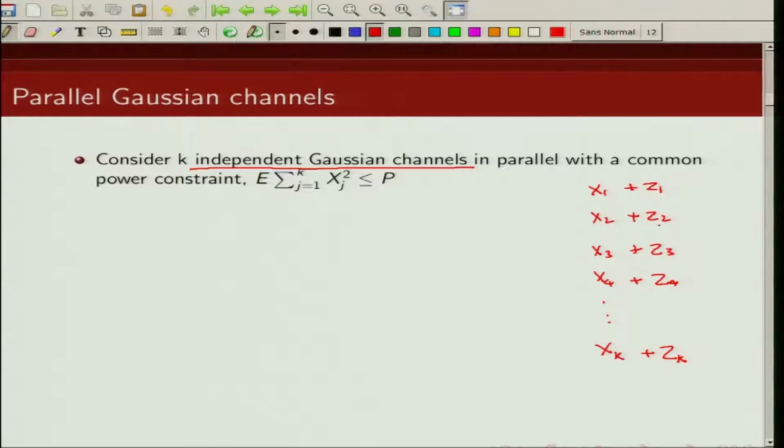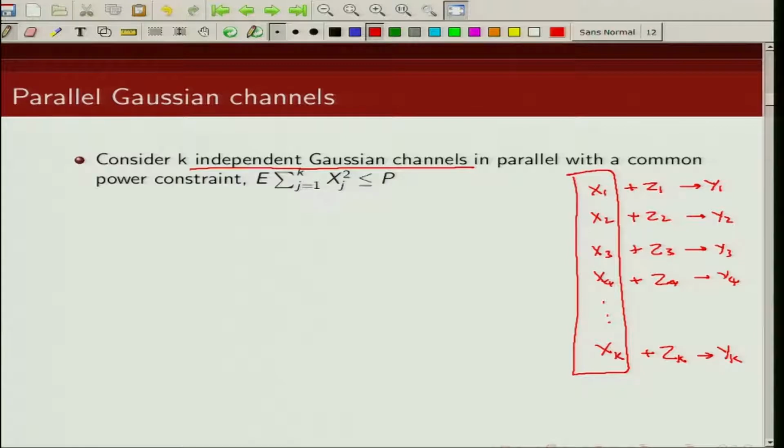Initially we will consider them as independent across all these channels. Then what we get as output is y1, y2, y3, y4, yk. So, our input is this and the output of the channel is this.